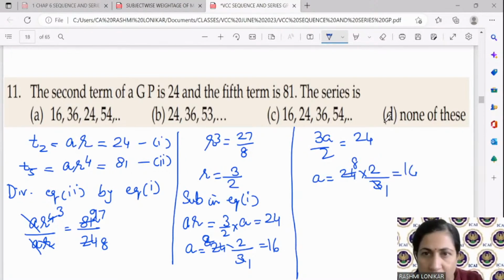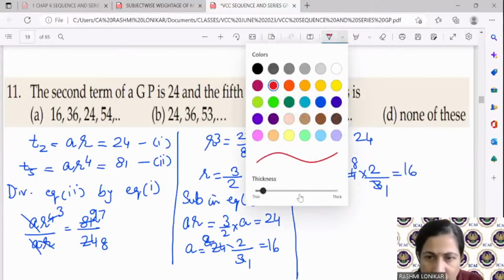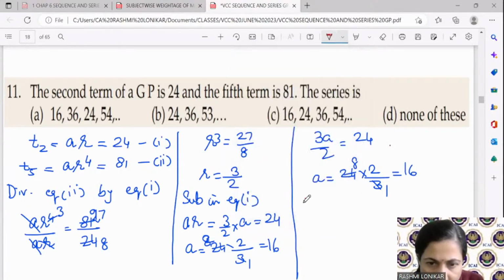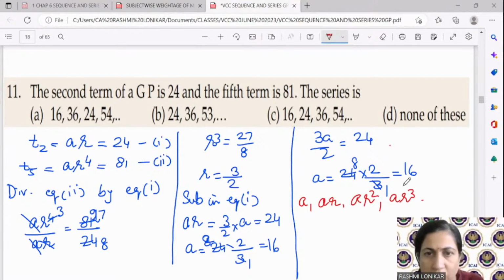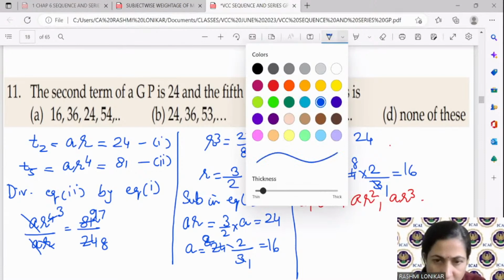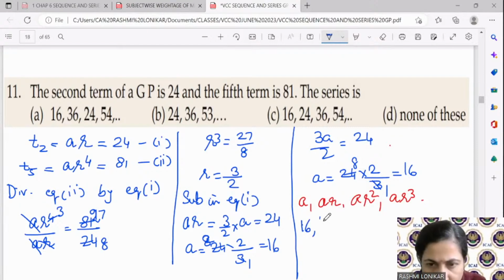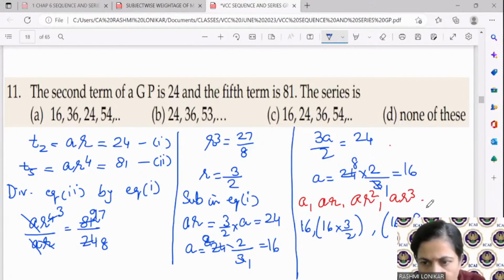Now what is the series given by? It is given by A, AR, AR square, AR cube, and so on. Okay. So what is the value of A? A is 16. 16 into 3 by 2. 16 into 9 by 4. 16 into 27 upon 8, and so on.